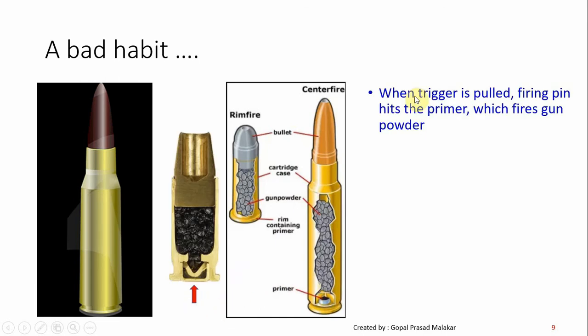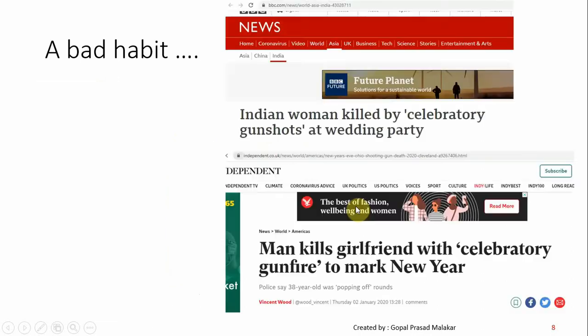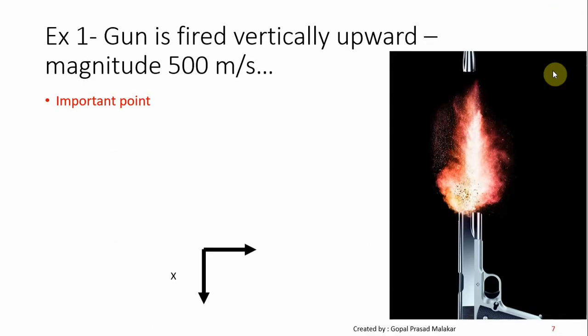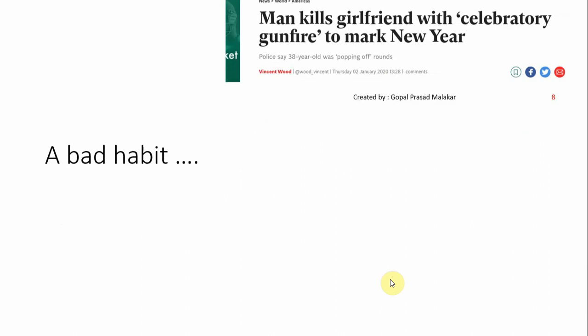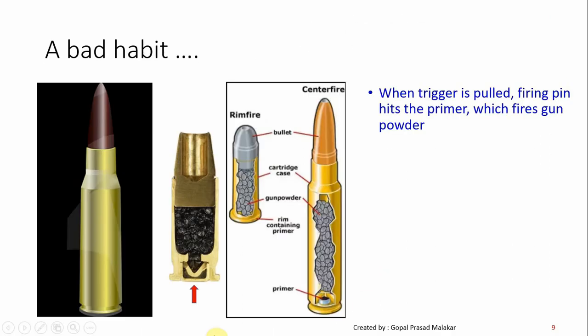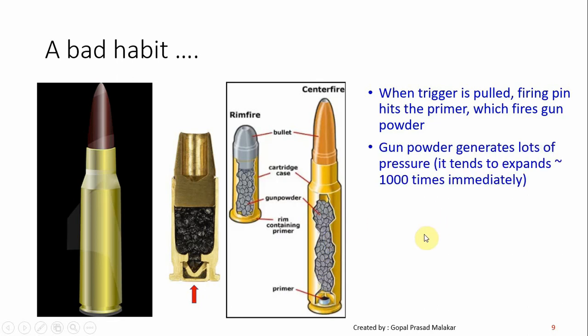And how does it work? When the trigger of the gun is pulled, every gun has a trigger. In fact, this is where you get the trigger. When you hit the trigger, a firing pin hits the primer, this area. And what happens? It immediately ignites this gunpowder, which generates lots of pressure.